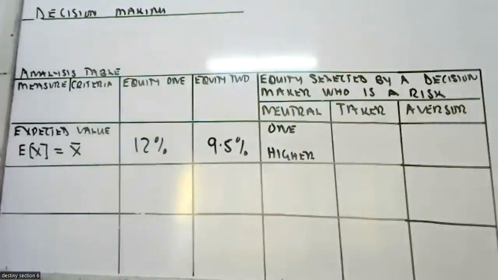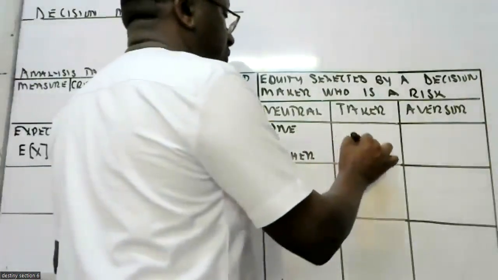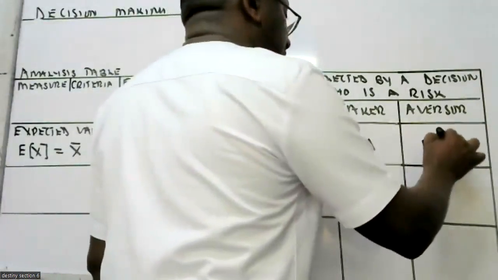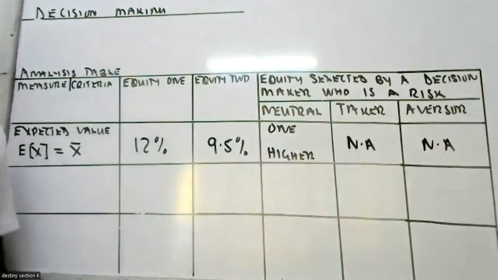But a risk taker will not use that, and a risk averse will also not use that measure. They don't look at it. You know, when you're making decisions, we look at different things. Like now, when you are coming to Destiny, there are several things maybe you looked at. You looked at the school fees, the teachers, your friends, the location, the programs available in the morning, day, evening, so many things.